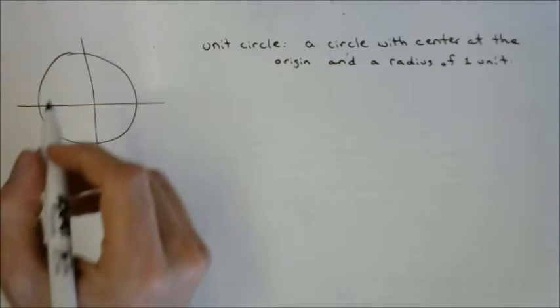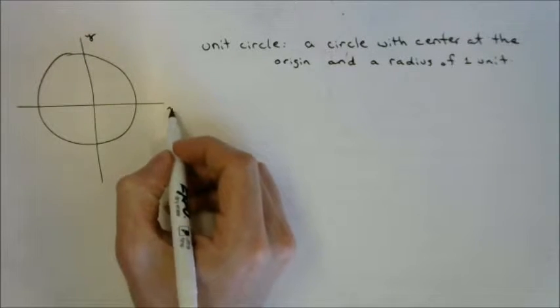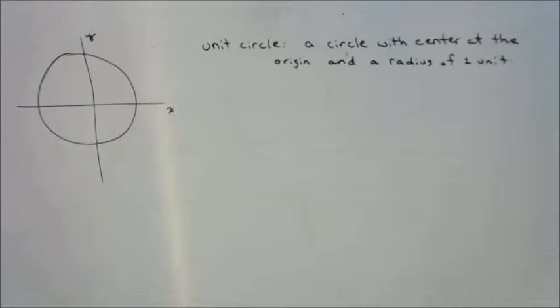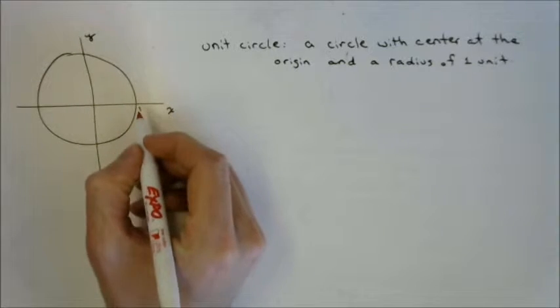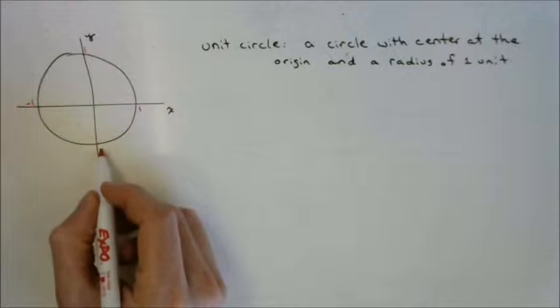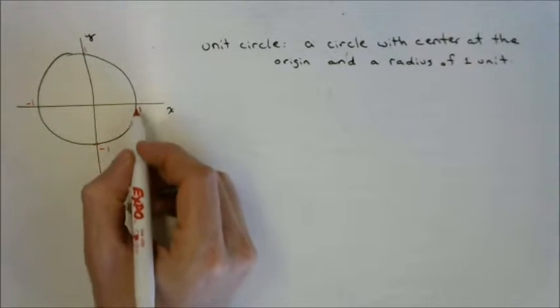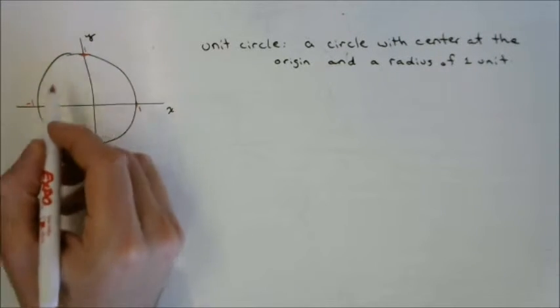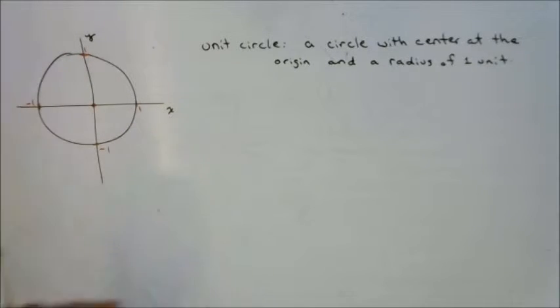So on this unit circle, if we have our x and y axes labeled, then this is 1, this is 1, this is -1, and this is -1. So where it crosses each axis is 1 unit away from the origin, which is the center of the circle.